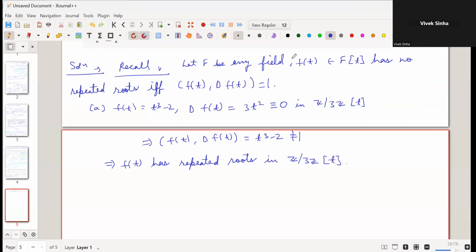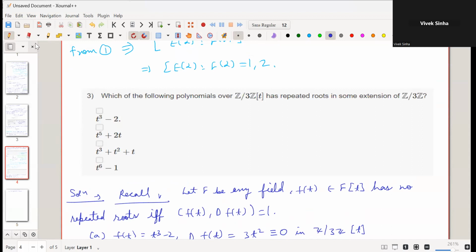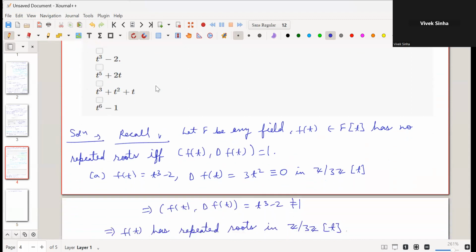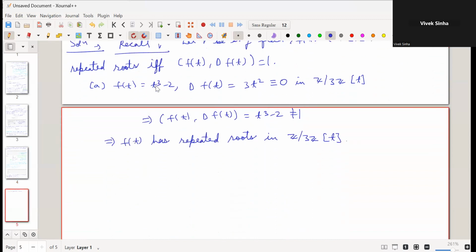This much is enough. Even if you want to verify this, you can, because this is a polynomial of degree 3 in Z mod 3Z, so it is reducible and must have a linear factor.